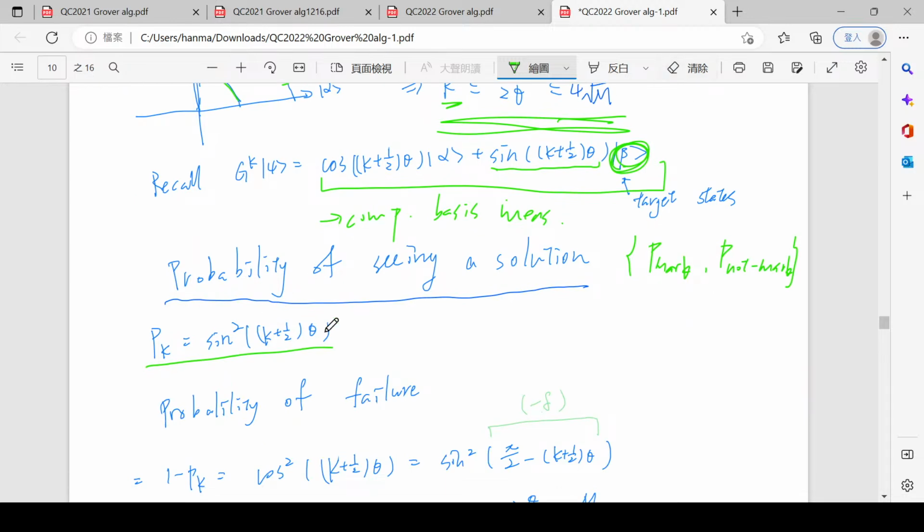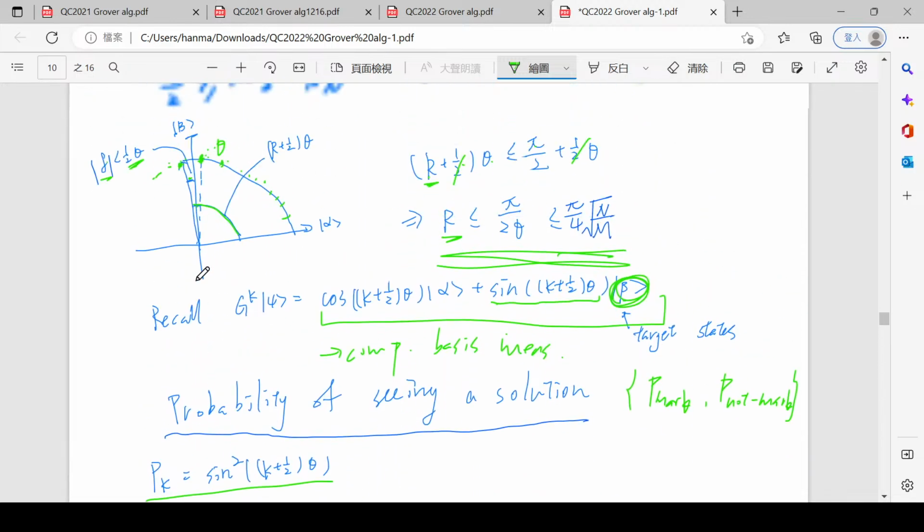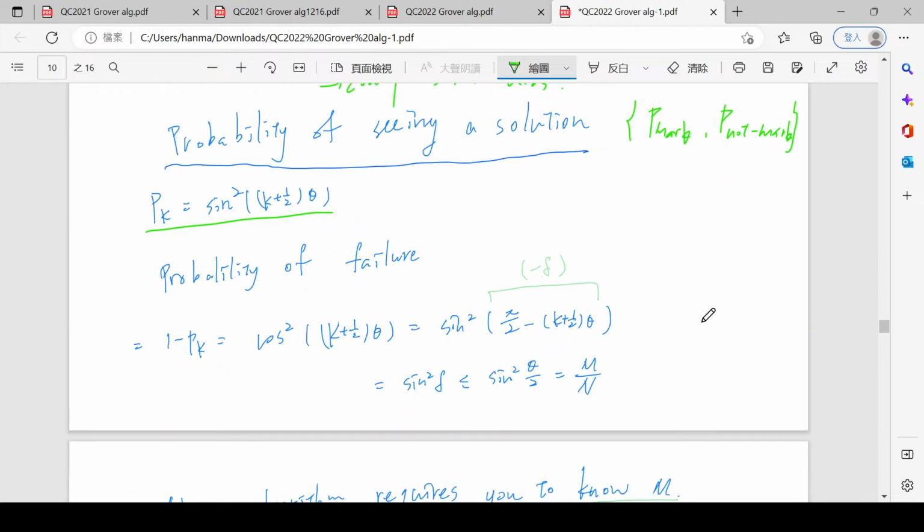Anyway, you can show this with a few calculations, and the success probability, after doing k global iterations, is sine square of this angle, the angle to alpha.